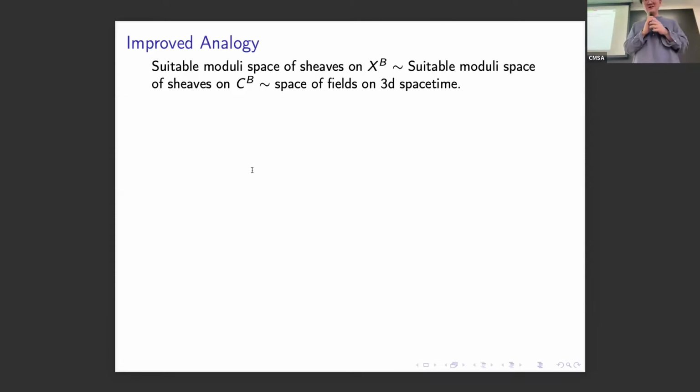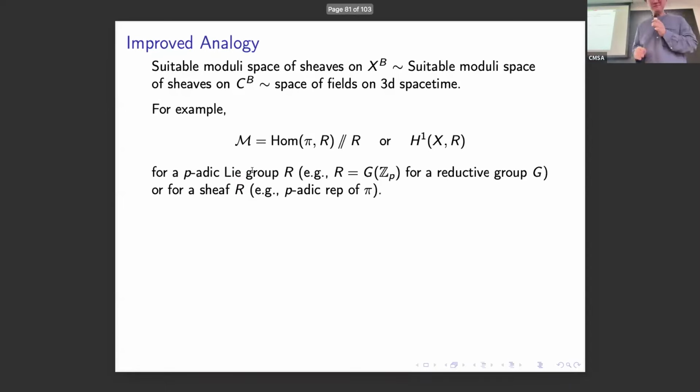So we'll be looking at various sheaves on these spaces. And of course, once you start looking at spaces and sheaves, this is not so different from spacetime. So many analogies focus on sheaves. For example, representations of the fundamental group of X, homomorphisms to some p-adic Lie group.